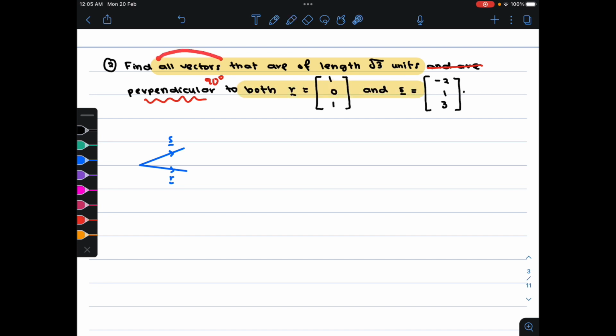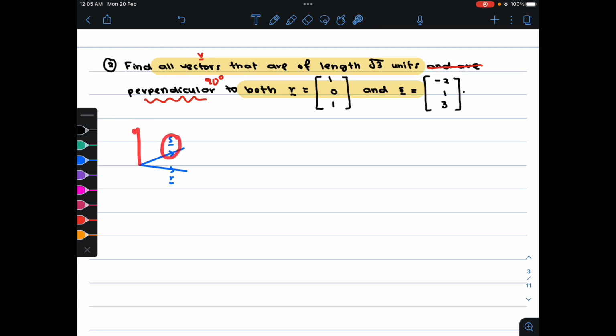So we need to find all vectors. Let's say I'm going to call this vector V, and this vector V is perpendicular to R and S. So just like in the previous question, we need a vector that is perpendicular to R, so it goes up or it goes down, and also perpendicular to S as well.